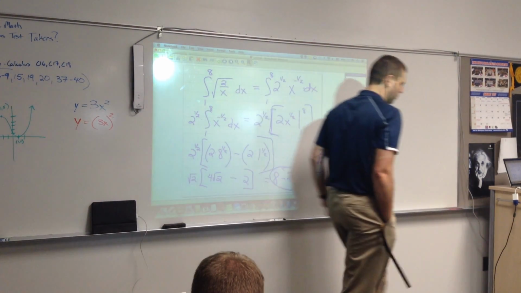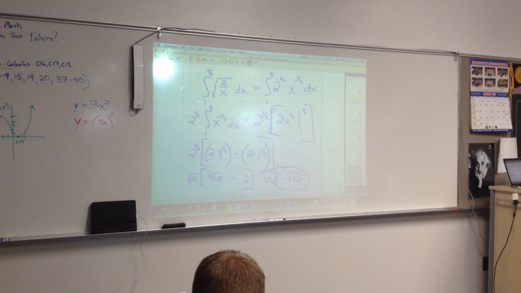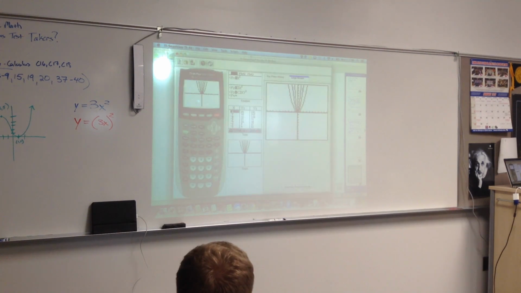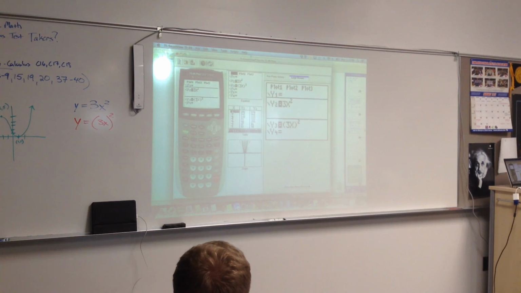You're going to have to show your work, but you are able to do these on your calculator as well. So that was the square root of 2 over x, right?